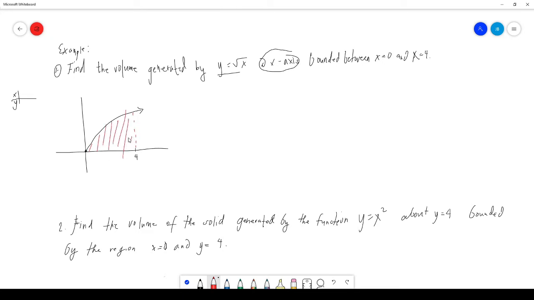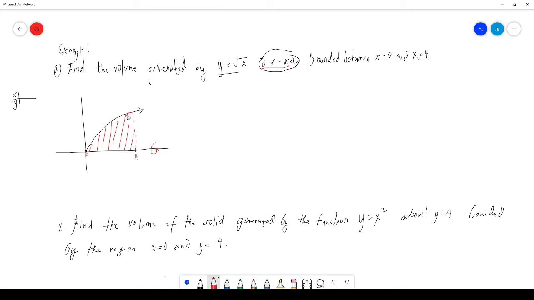Now this is called the disk method because the axis of rotation is the x-axis, so we are going to rotate here. If we rotate about the x-axis from 0 to 4, what shape are we going to form?